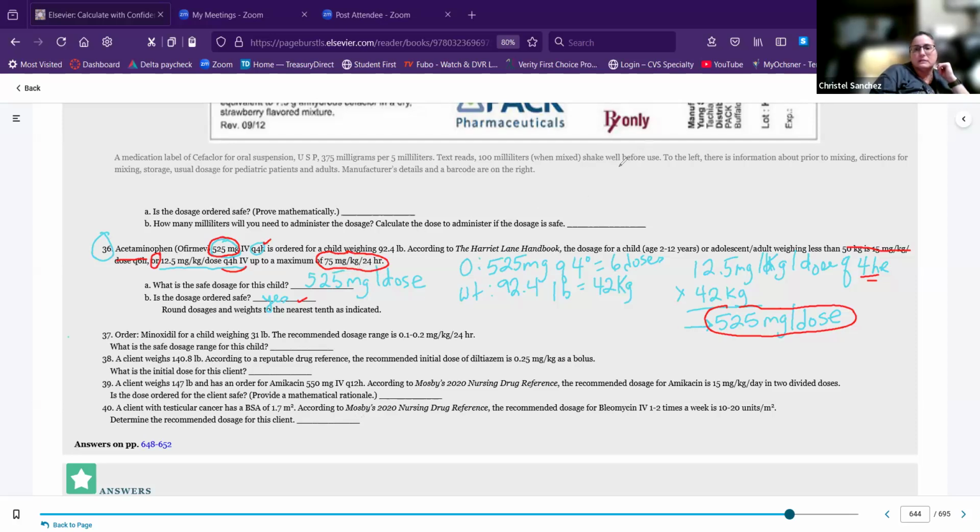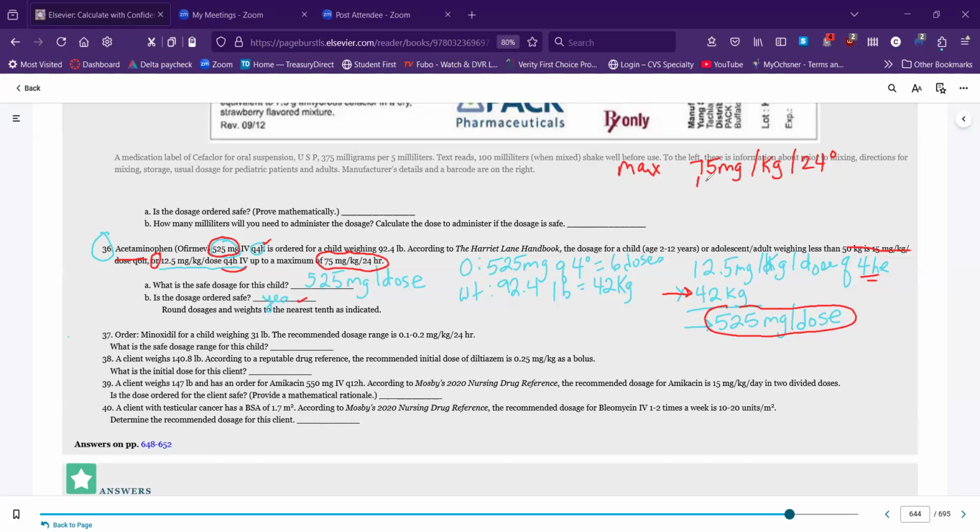So for this patient, how would we know if the 6 doses that she's getting falls into this max? So what do I have to do with this first? If it's 75 milligrams per kilogram, how many kilograms does your patient weigh? 42. So I gotta multiply this times 42.